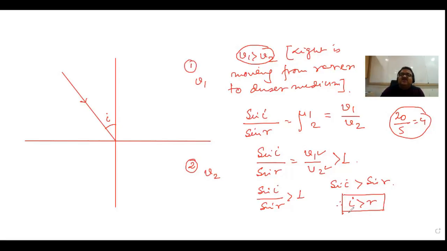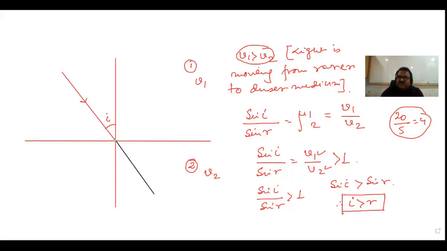Correct? Now, let me draw the original path with the black line. Okay, this is the original path. Now let me draw the refracted ray. The question is, this angle i should be more than r. That means the ray refracted in medium 2 must make a smaller angle with the normal than this black line.